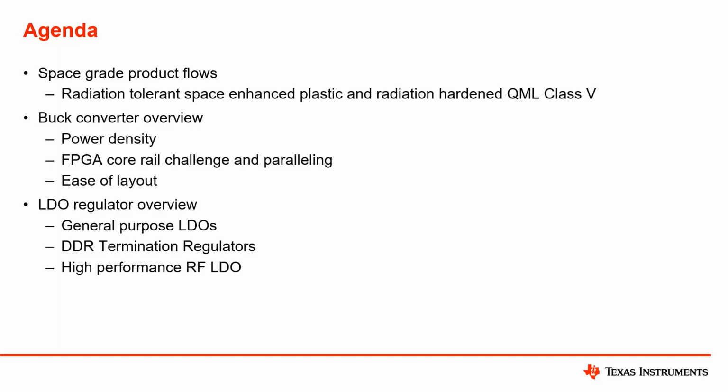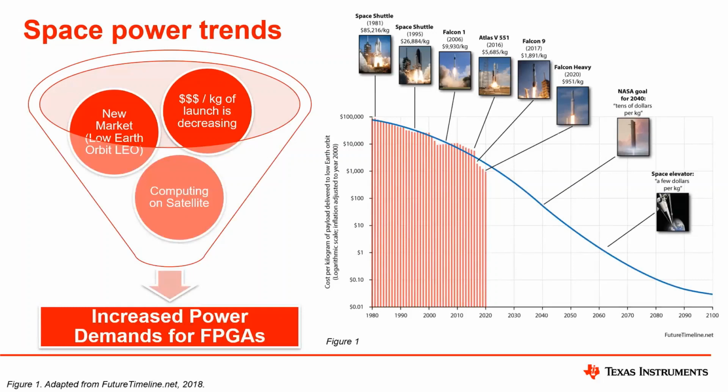So with that, we'll talk about space power trends. Historically, the classic radiation level is 100K rad, 75 MeV for designing long-term geosynchronous satellites. But with decreasing launch costs, there's been a downward pricing vector happening on satellites, so there's a cost element that's becoming more stringent.